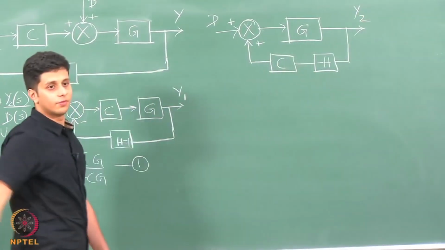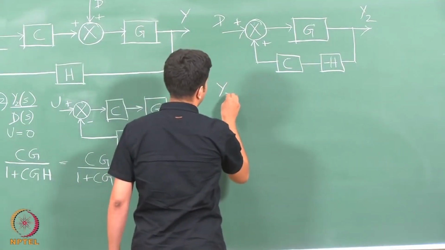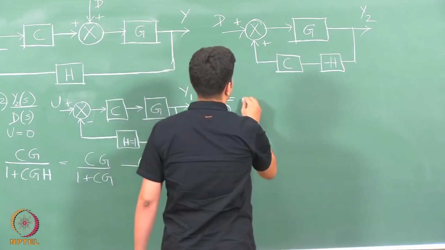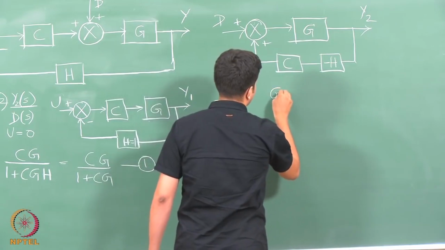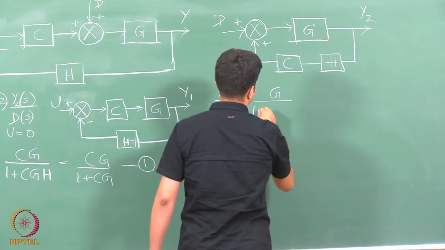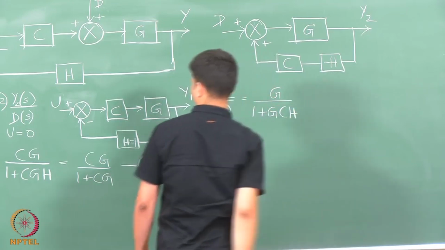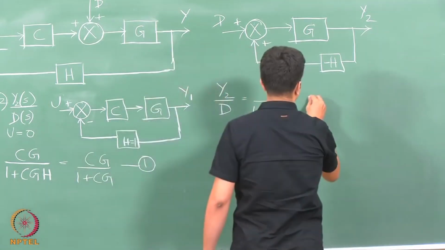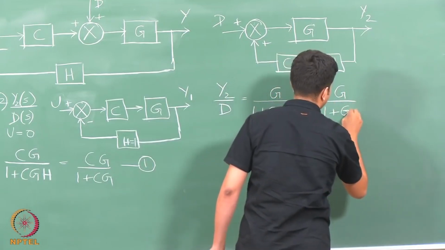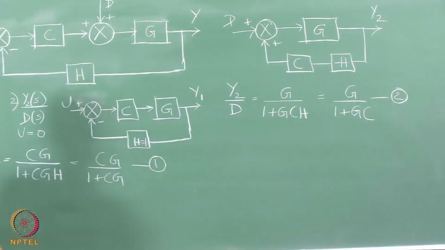So, again this is a feedback loop, and we can take the transfer function to be y2 by d equals G by 1 plus G C H, right. Now, as we took H to be 1, we can just write it as G by 1 plus G C.